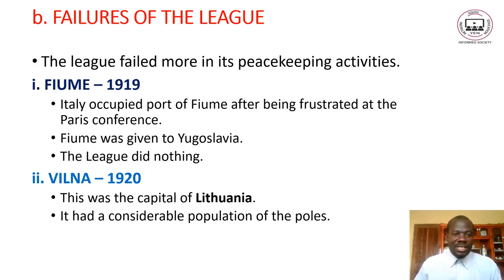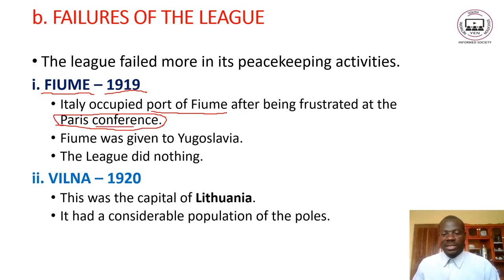The first one is that of Fiume in 1919. Italy occupied this port of Fiume after being frustrated at the Paris conference. Remember, Vittorio Orlando, we said he moved out of the conference after he was frustrated. He was denied those territories that were promised by the Allies in the London Treaty of 1915.